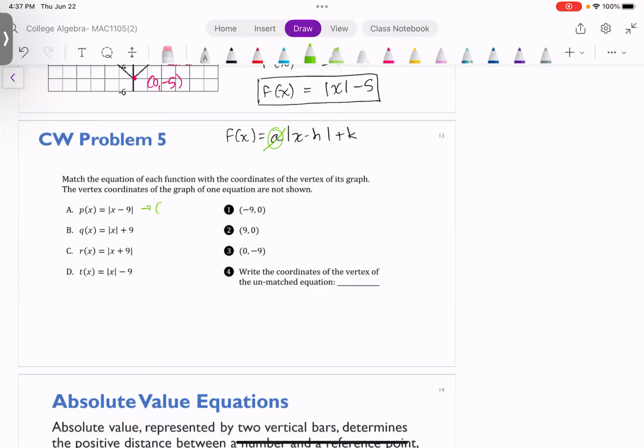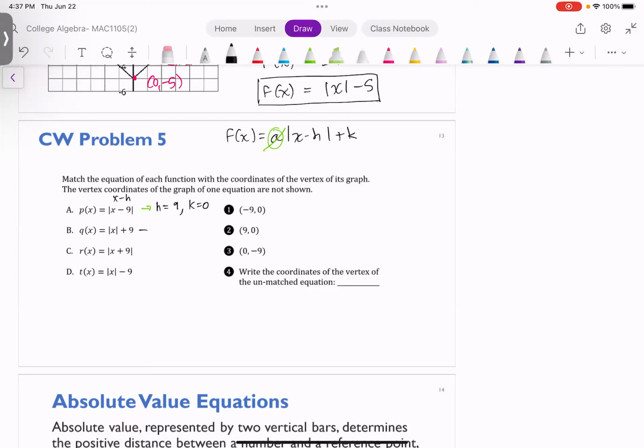So in this case, in part A, h is equal to positive 9, but I do x minus 9 because it's x minus h. H is positive 9, and I have nothing being added on the outside of my absolute value bars, so k is equal to 0.